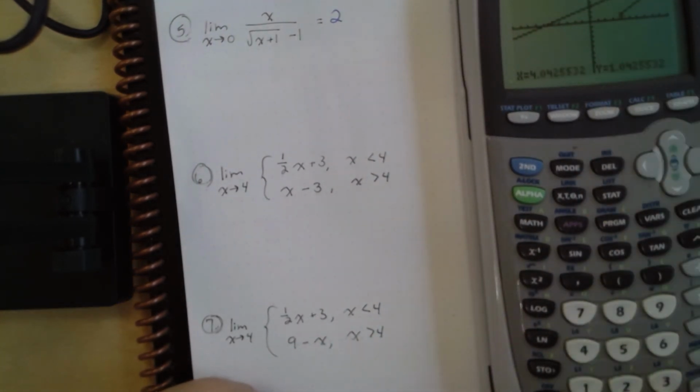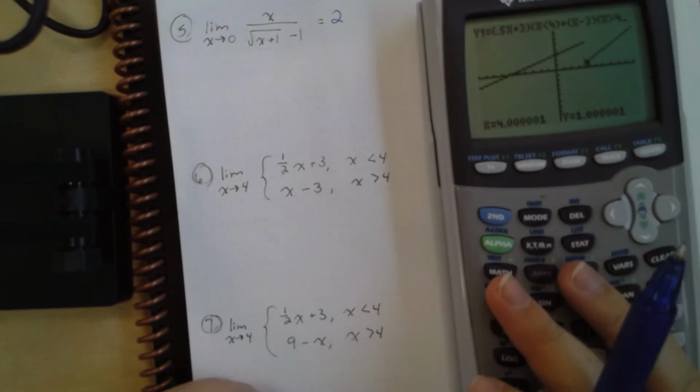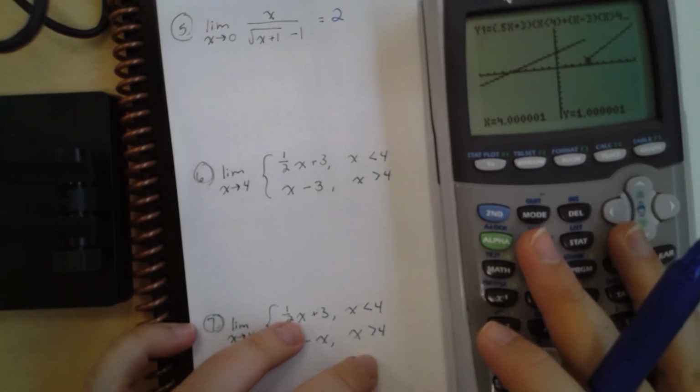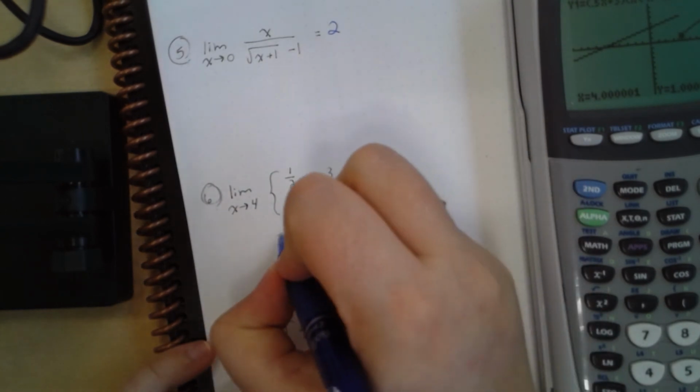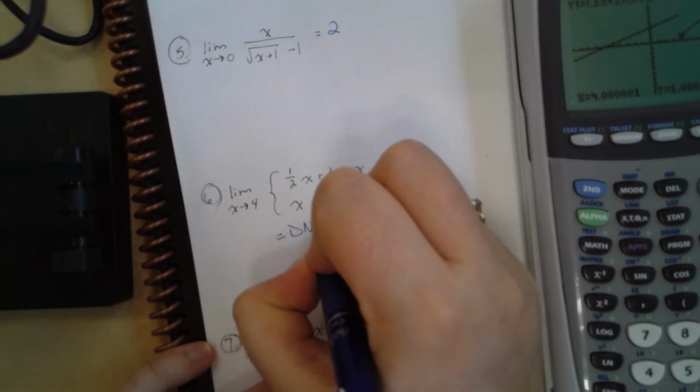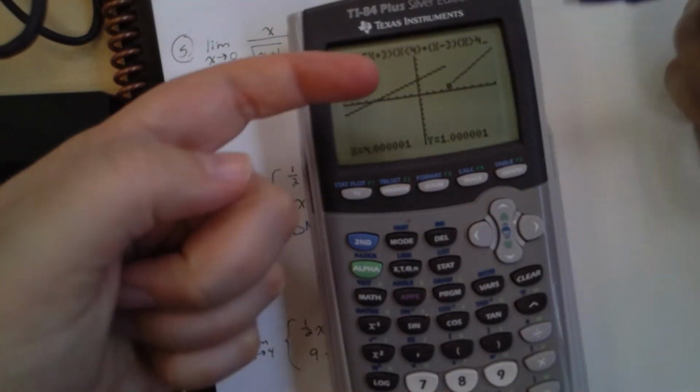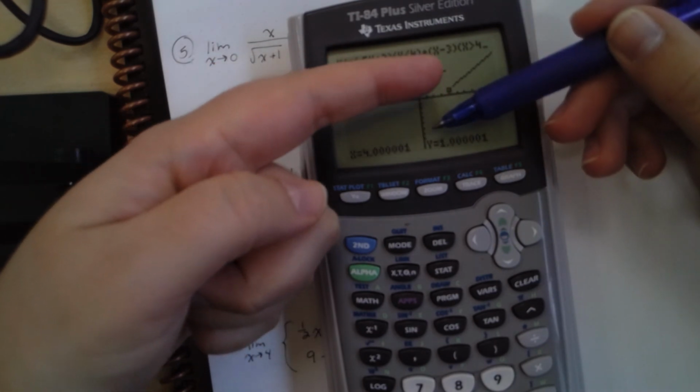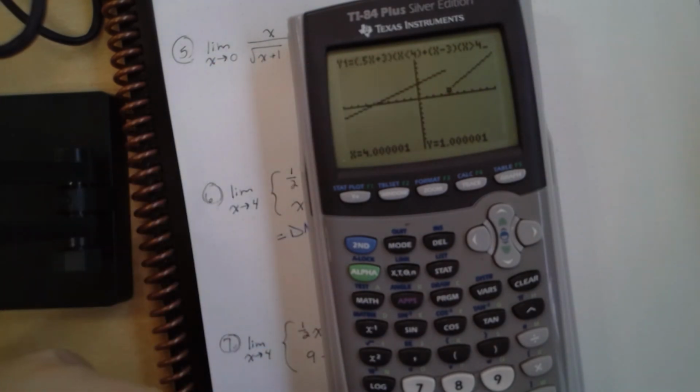If we trace 3.9999, we get 4.995. And if we trace 4.0001, we get 1.0001. Well, those are not equal to one another. Therefore, our limit here does not exist. And we can actually see on this one, graphically, if we're approaching 4, we know that it's not approaching the exact same point. So there's not going to be a limit here.